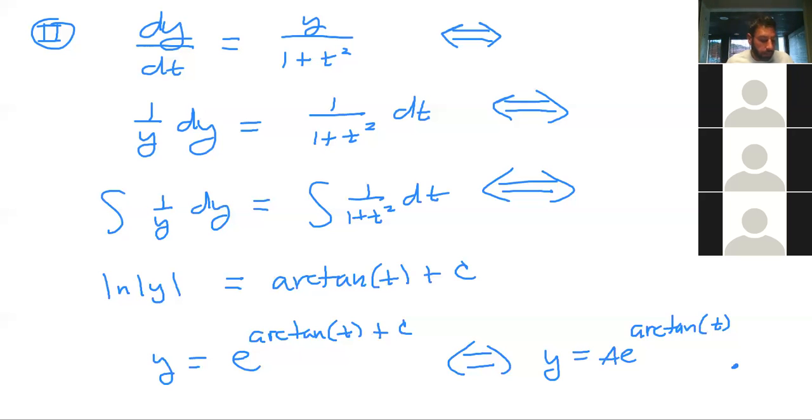Yep. All right. Does anybody have a question about these two examples? Cool.